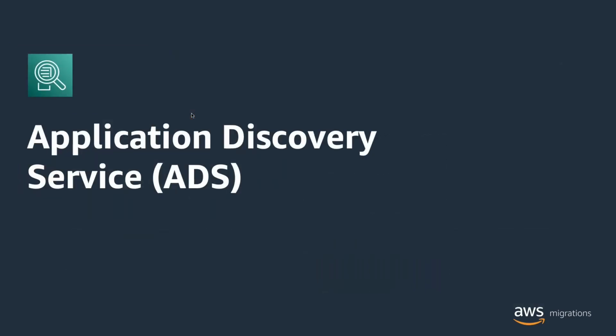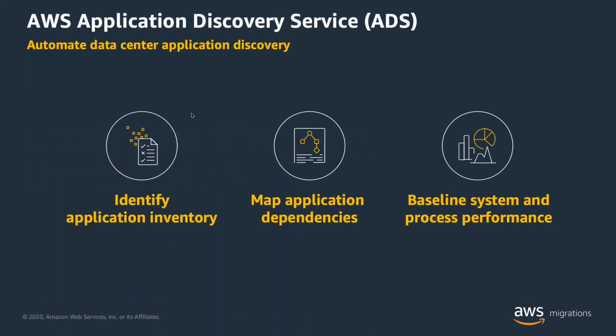So now let's take a look at some of the services that come into play in this migration journey. As I mentioned earlier, discovering your applications and understanding what the application dependencies are is extremely important. This AWS service, called ADS, will help you identify application inventory, map application dependencies, and baseline system and process performance.